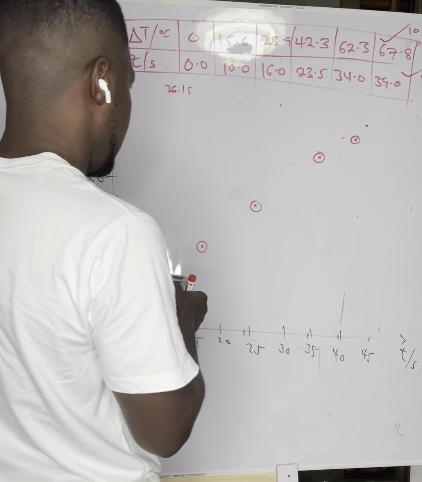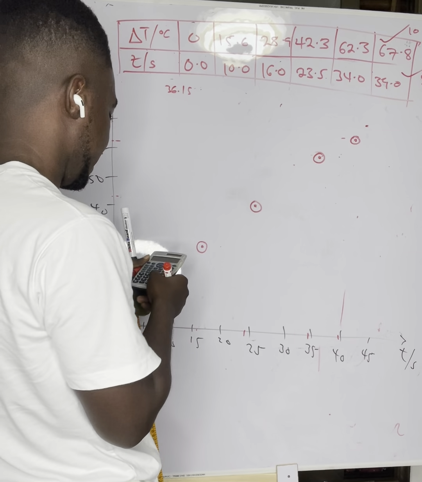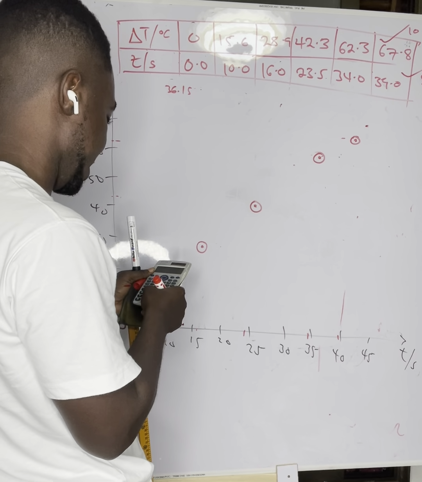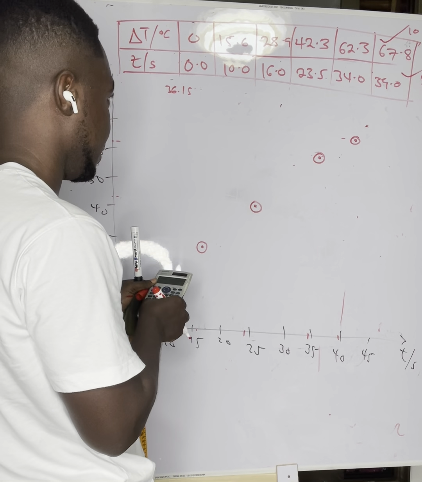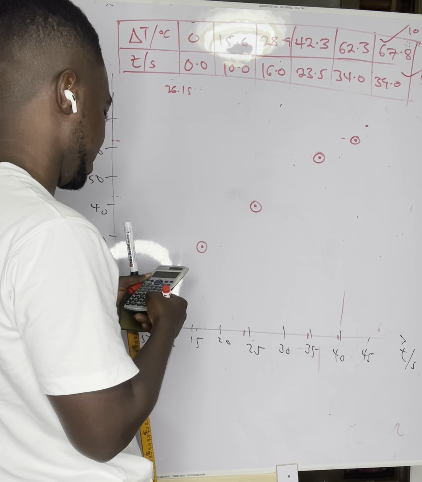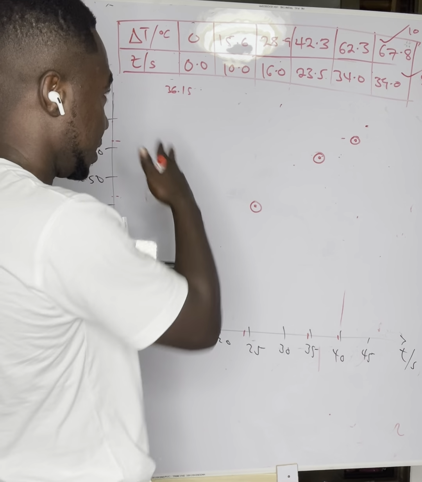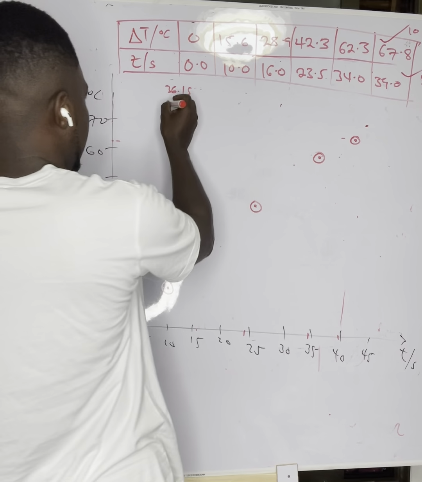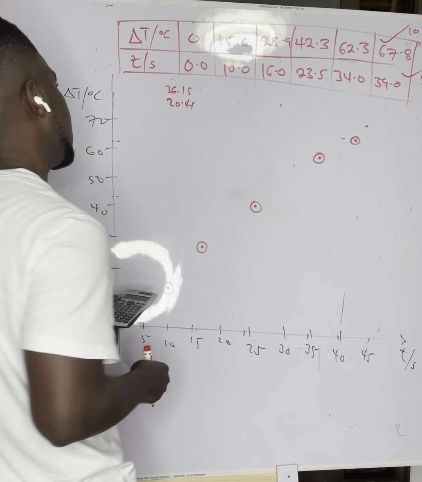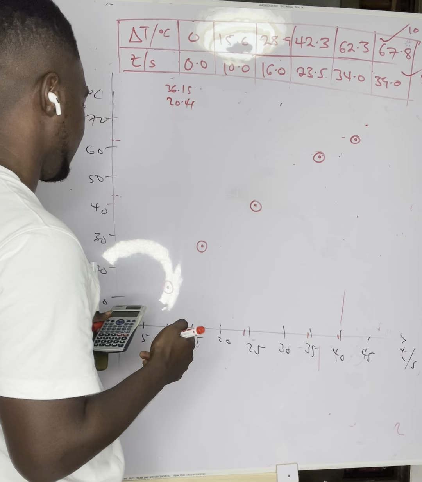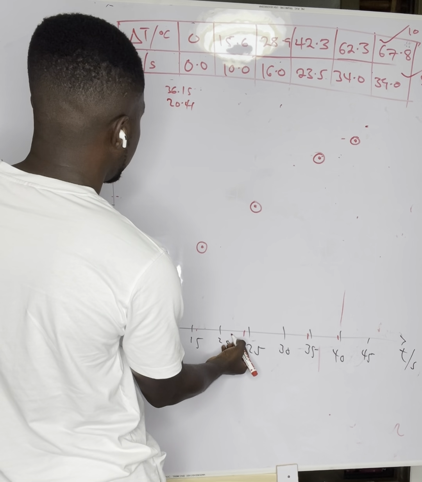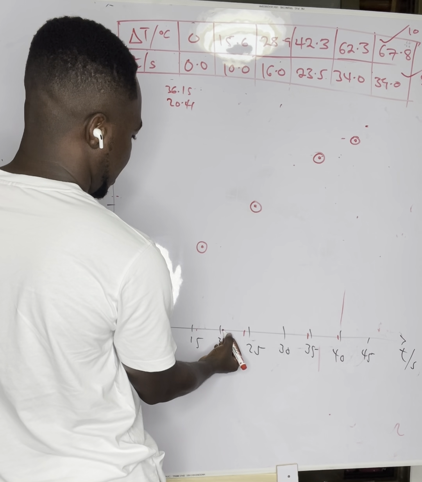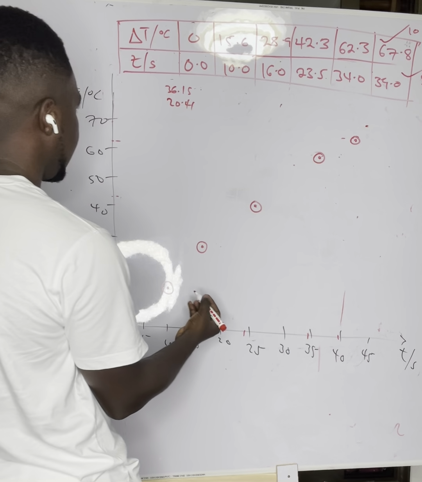against the x value, the time axis. So 0 plus 10 plus 16 plus 23.5 plus 34 plus 39.0 divided by the number of boxes, which is 6. So divided by 6, 20.41. So we are plotting 20.41 against 36.15. So this is 20.41, maybe up to 20.5. So somewhere here, close here, against 36.15.